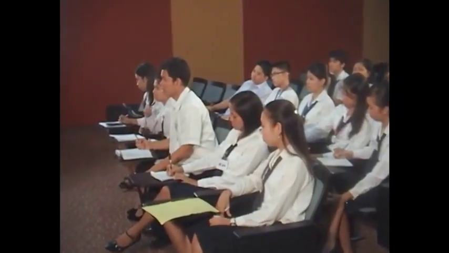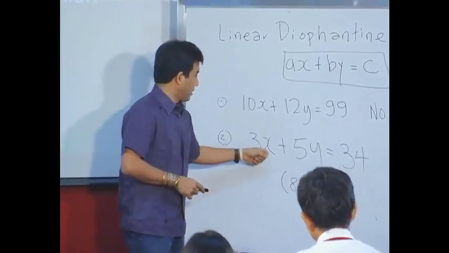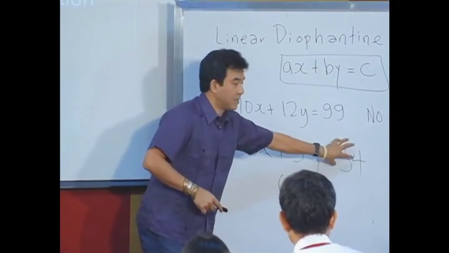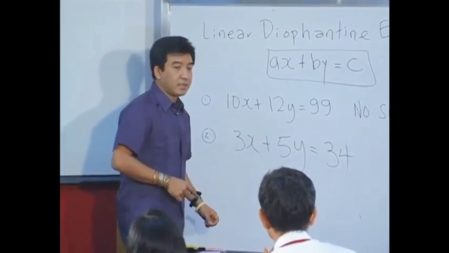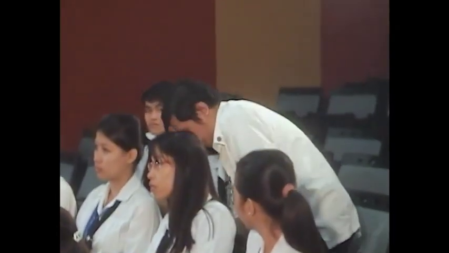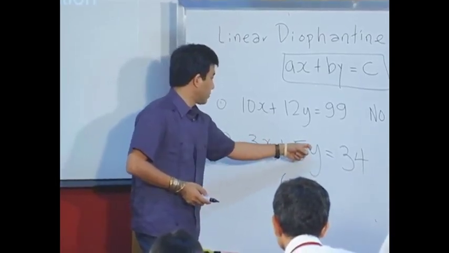However, if these are negatives, this will become negative 34. Yes, Drexel? x is equal to 3, y is equal to 5. Yes.